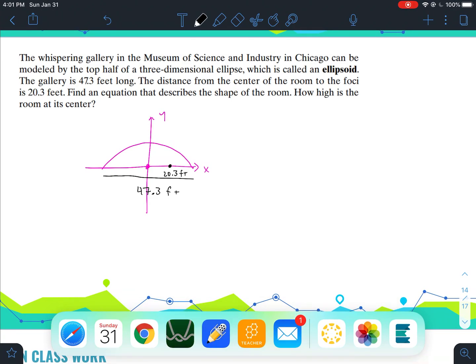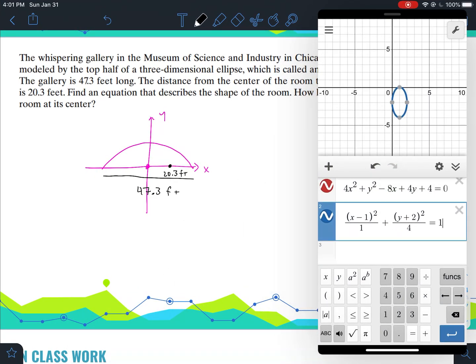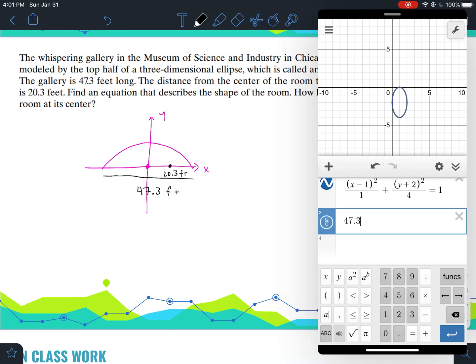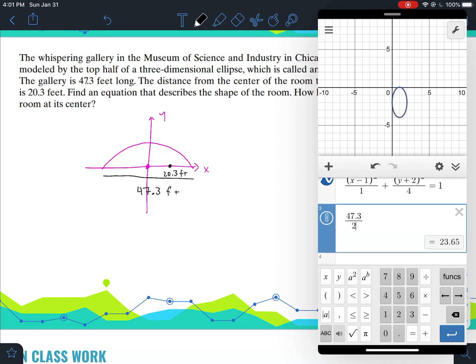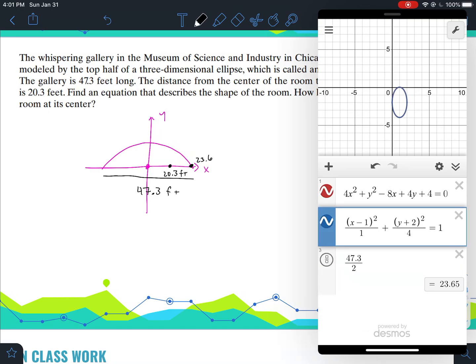If we took 47.3 and divided it by 2, then all the way across from the center is going to be 23.65 feet, and then this would be negative 23.65 feet. So that is the distance that I move from the center to each side of the room if the center is in the middle.